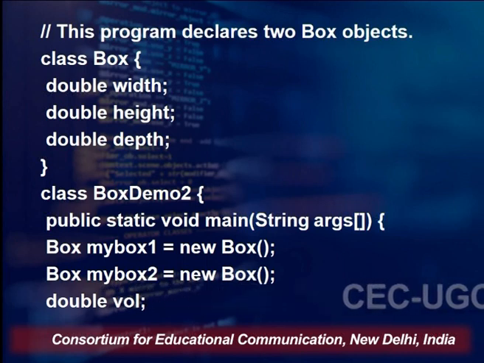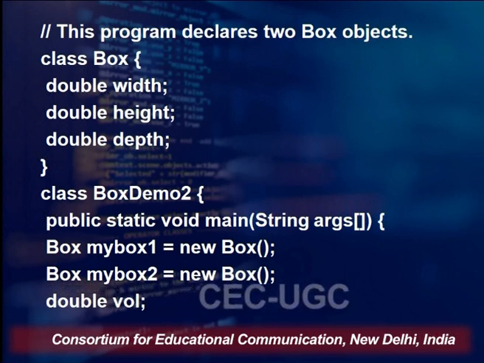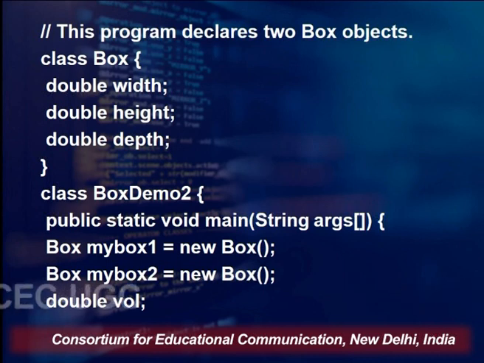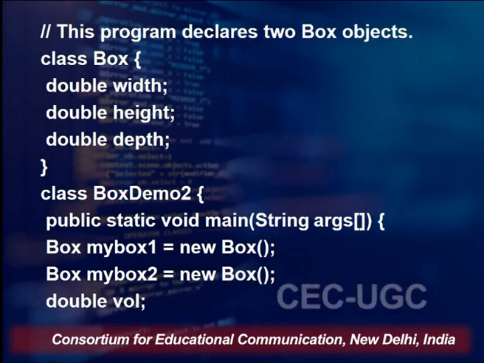So width, height and depth of myBox1 are separate entities, and for myBox2 they are separate, and we can access them separately by using the dot operator. For example, myBox1.width, or myBox2.width.